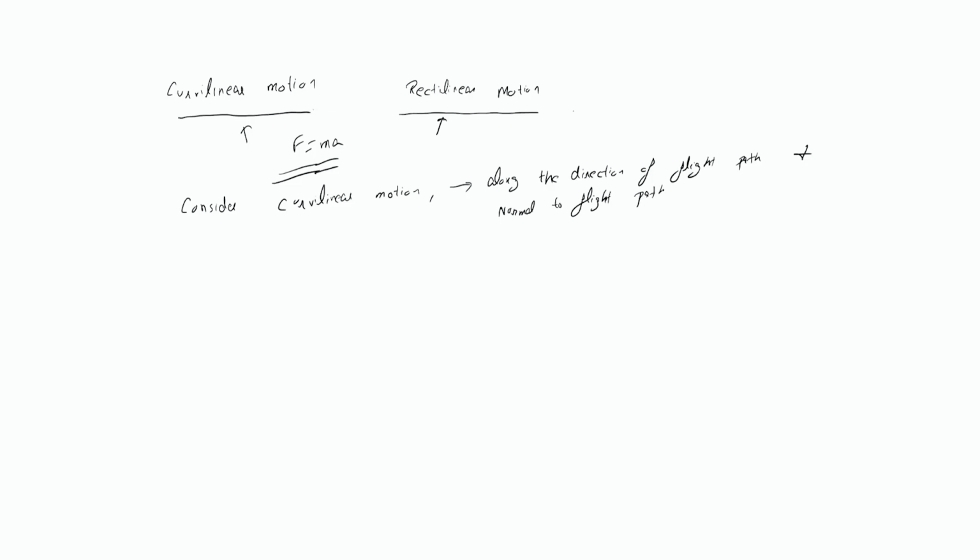Now we will apply Newton's law along the flight path, that is, considering the forces acting parallel to it. F equals ma, here m into a, and the acceleration is dv upon dt, the acceleration along the flight path.